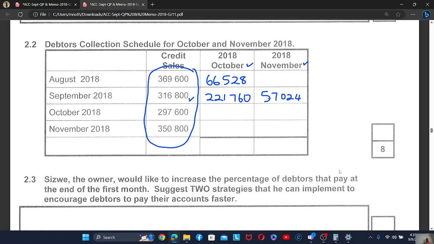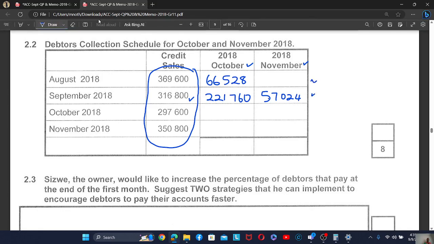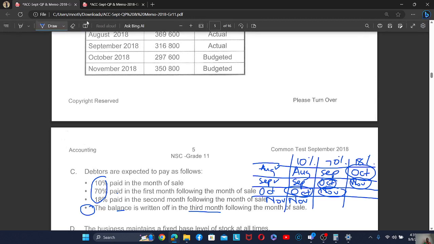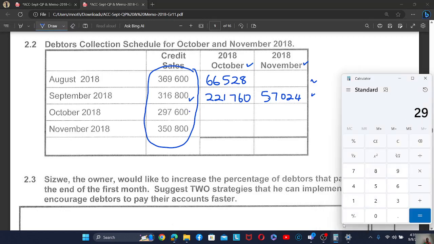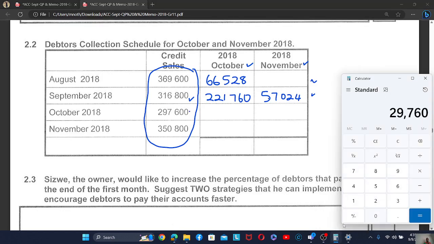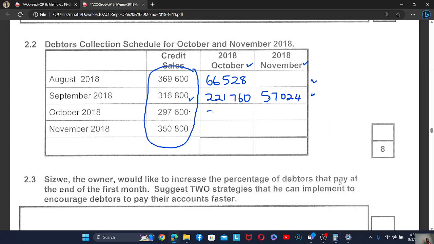Now we are moving to October. Before we move to October, are you getting these two? Yes, I got it. Okay, thank you. In October, 10% will be paid in October. The credit sales of October are 297,600 multiplied by 10%, that is 29,760.